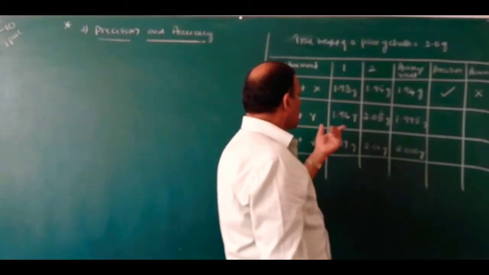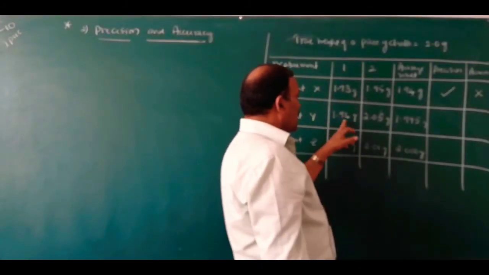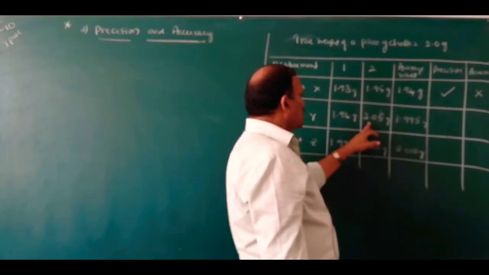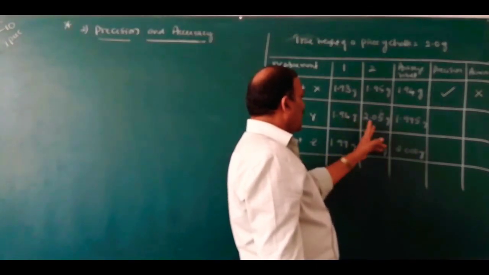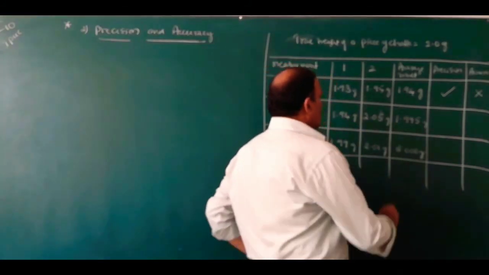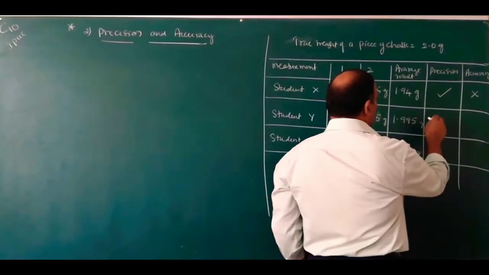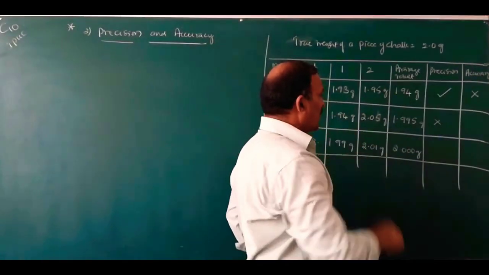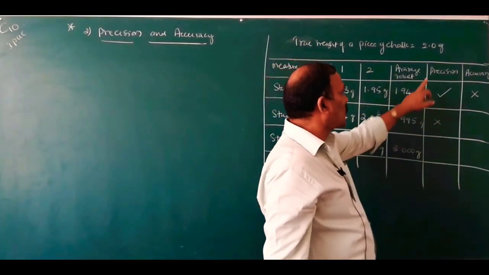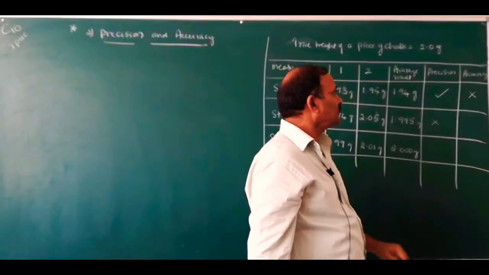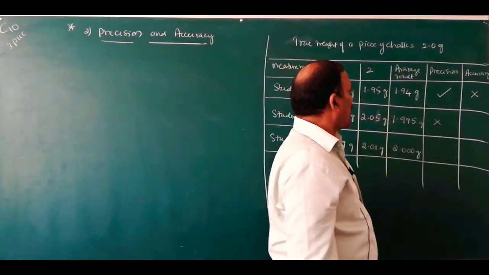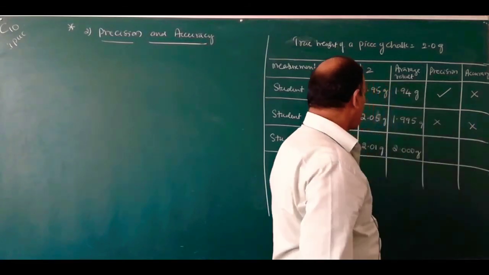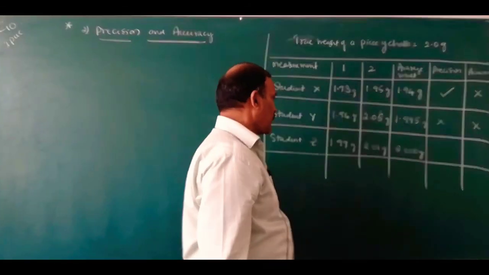Coming to the results of the second student, his results are not close to each other. They vary too much. Therefore, they are not precise, and his result is not coinciding with the actual value, so it is not accurate either.